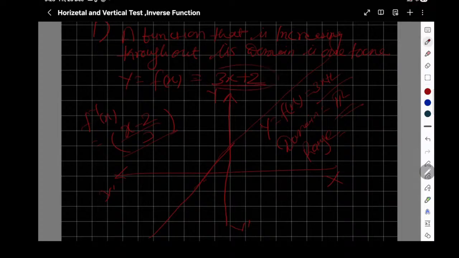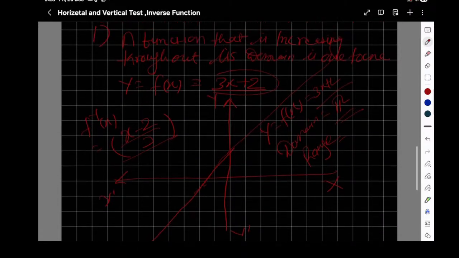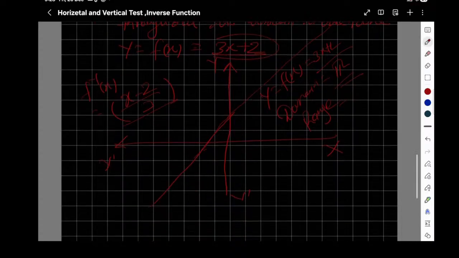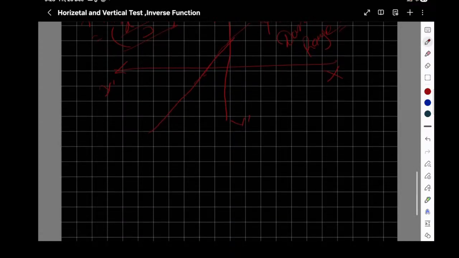That's why the function is increasing throughout its domain, one to one, and the inverse function exists. Now the second one: if a function is decreasing throughout its domain, then the same holds.